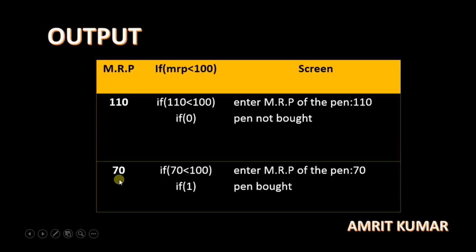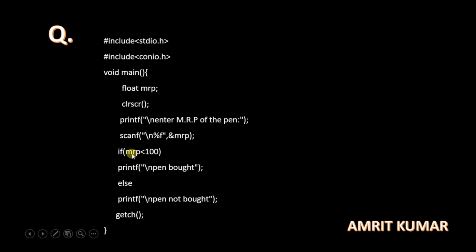After that, we have moved forward to another example. Here we can see the output that the user has given us 17. The user has entered the MRP of the pen, that is 17 here, and it comes into the condition, and if MRP is less than 100, then pen bought will be printed, otherwise pen not bought will be printed.